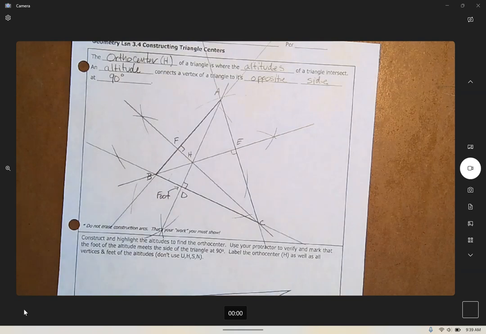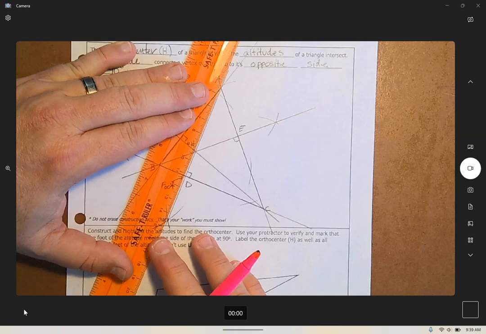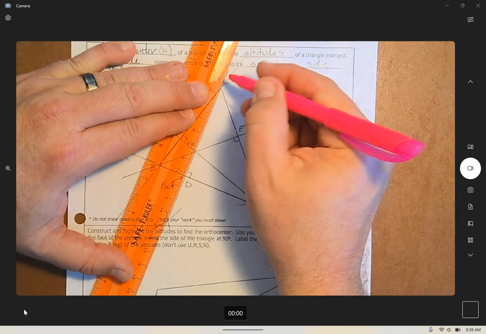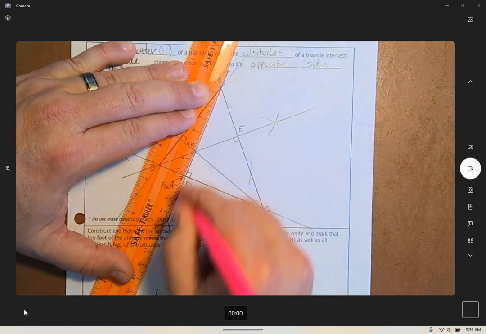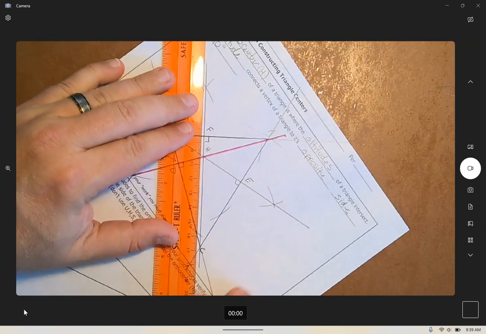Okay, last thing we're going to do is we're going to color our altitude lines one color. So all 3 lines, one color. So I'm going to use kind of a pinkish color for my altitude lines. So altitude line.